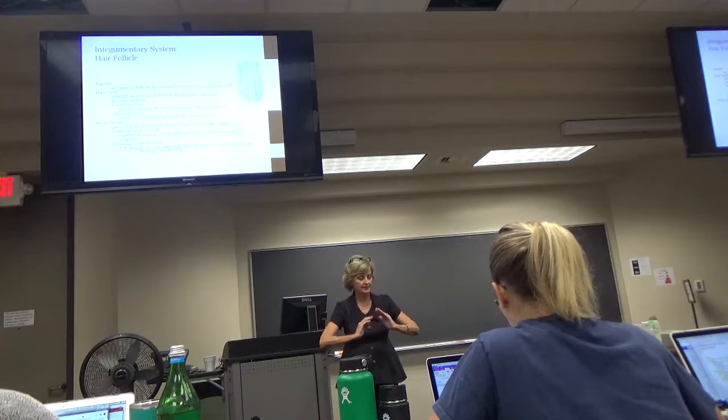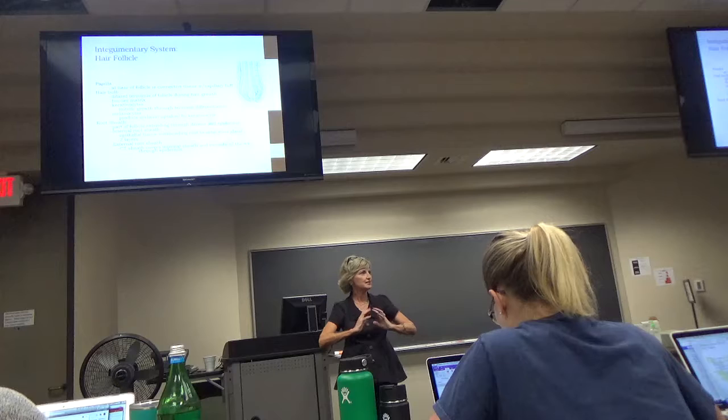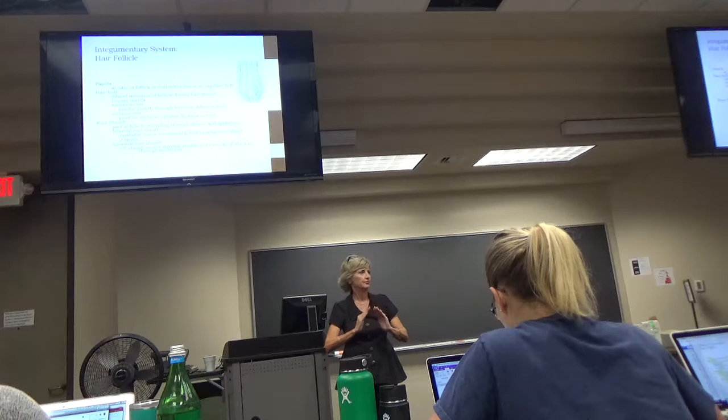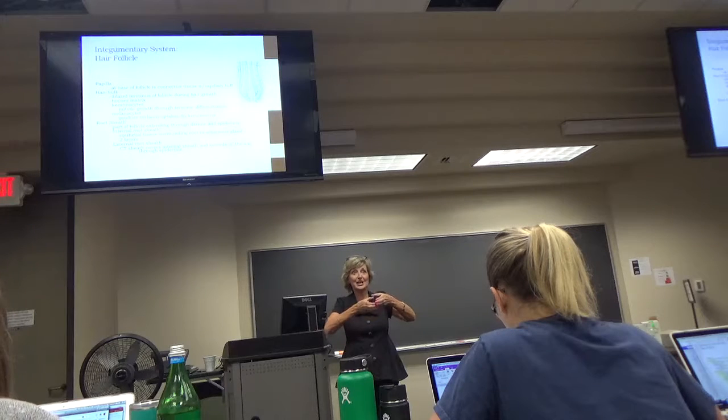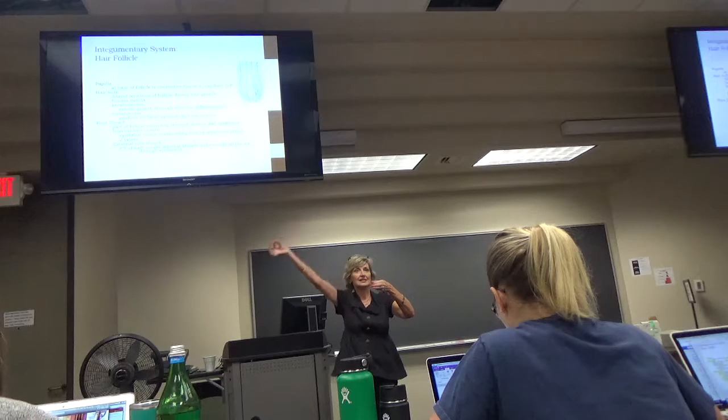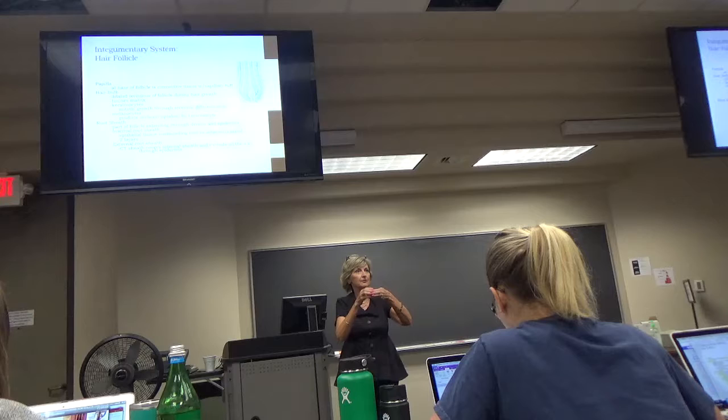So the matrix sits on top of the papilla. The matrix is making all the keratin. And the shaft is then just creating the shape of what gets extruded as the hair outside of the skin. So the bigger the diameter, the bigger the hair. Finer hair would have a smaller diameter.